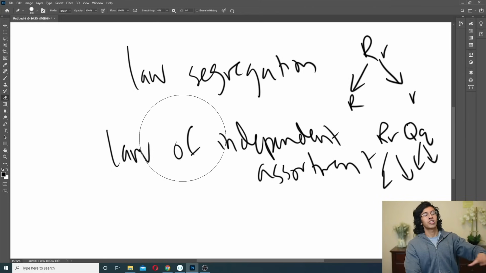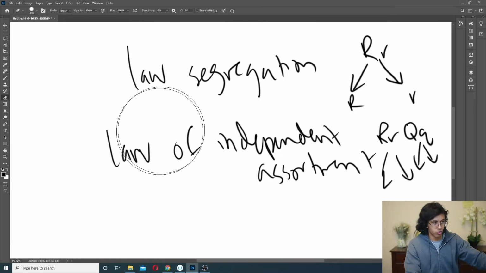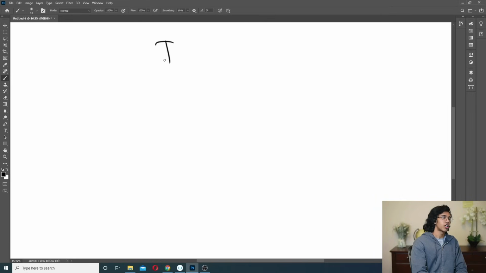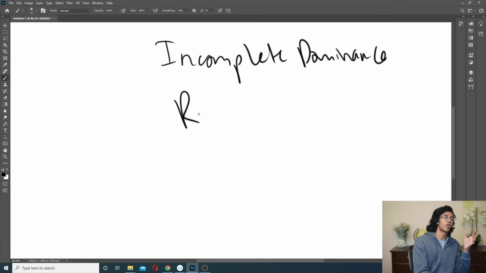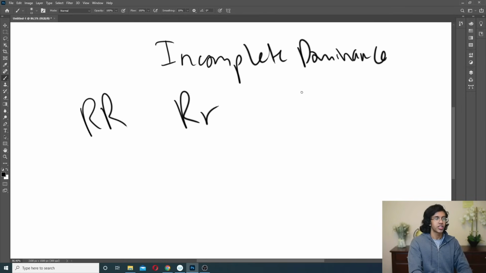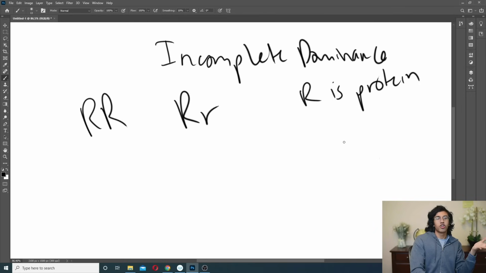So now, the last thing we're going to talk about today is the exceptions to all these rules. The first exception I want to talk about is incomplete dominance, right? And that basically means that if you have an Rr, this is actually going to be different from big RR. So let's say R is a protein that, I don't know, metabolizes lipids for Tay-Sachs or something, right?